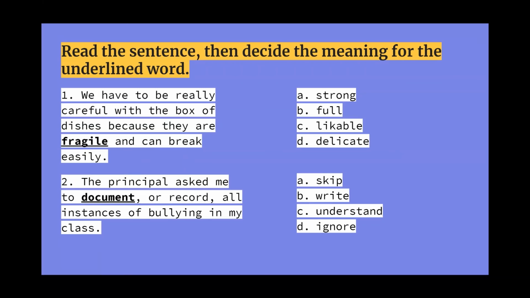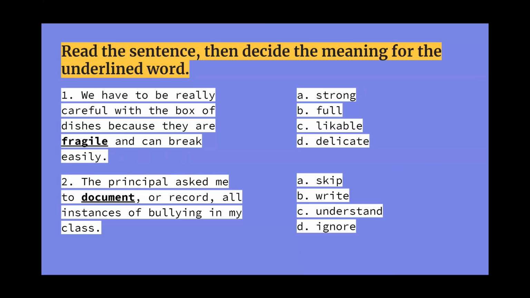The word that we're looking for the meaning of in the second sentence is document. Hit pause, reread the sentence if you need to, and then decide what word has the same meaning as our underlined word. Go ahead and hit pause now.